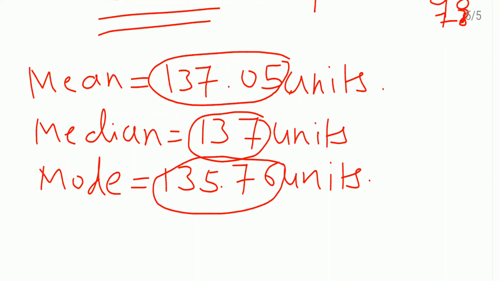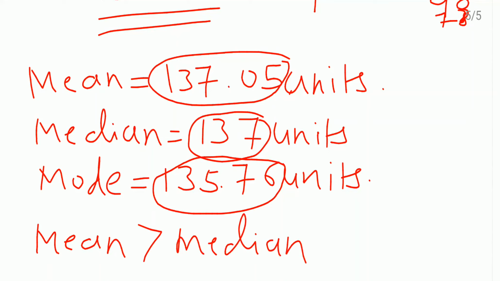So we can say mean is greater than median, which is greater than mode. Approximately they are near to each other, a slight difference is there. But looking at the answers, we can conclude that mean is greater than median, which is greater than mode.